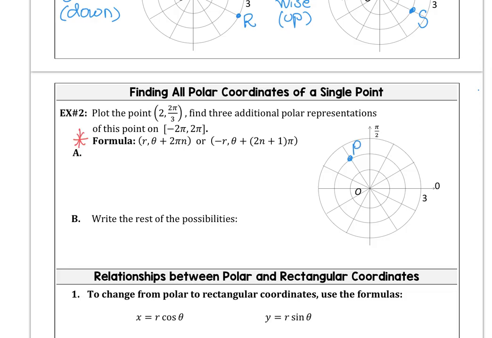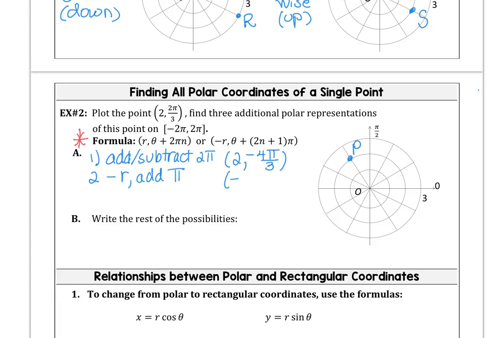First, to get one different representation, we could either add or subtract 2 pi. If I subtract 2 pi, we're at negative 4 pi over 3. The second way is to replace r with the opposite of r and add pi.